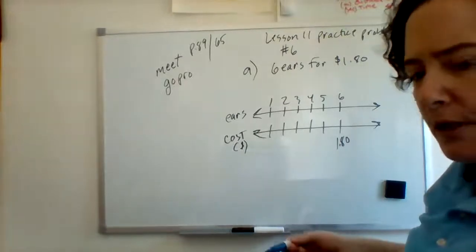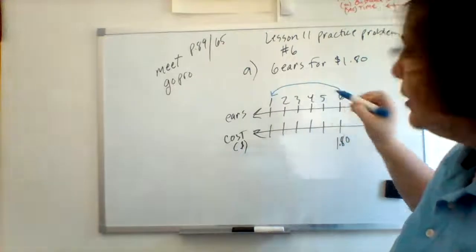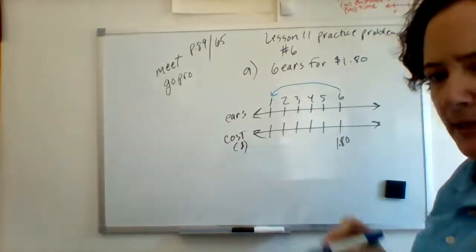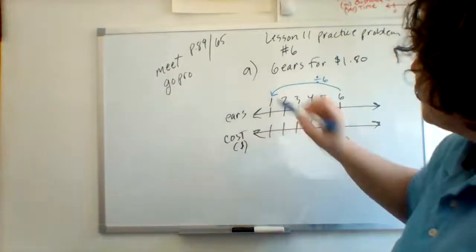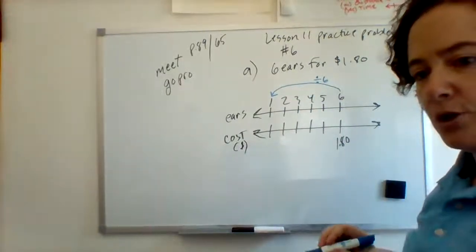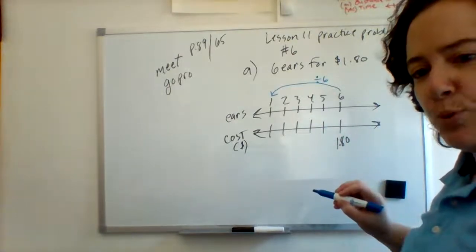I'm assuming, Fergie, that to get from 6 to 1, you knew that you had to divide by 6, right? 6 divided by 6 gives us 1. And if it's an equivalent ratio, that's right. You're on point today, Fergie.